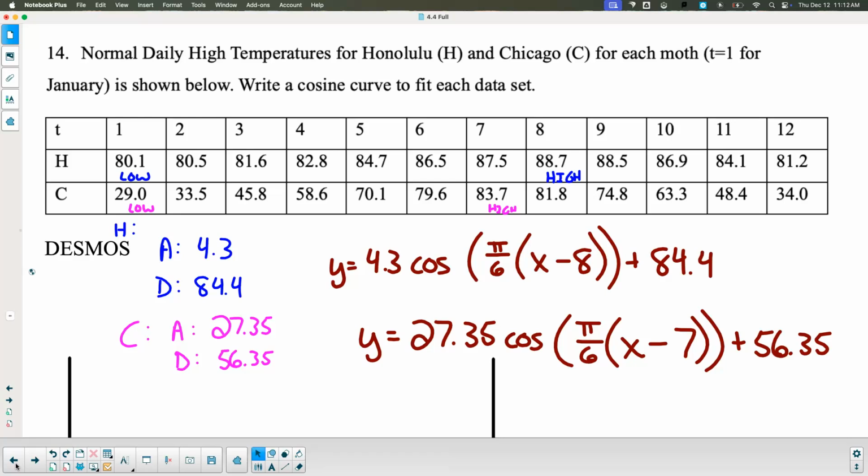What's C going to mean? Well, if you're using a cosine curve, that means that's the hottest month. Or if you're using a negative cosine curve, it's the coldest month. Or if you're using a sine curve, it's the average month.